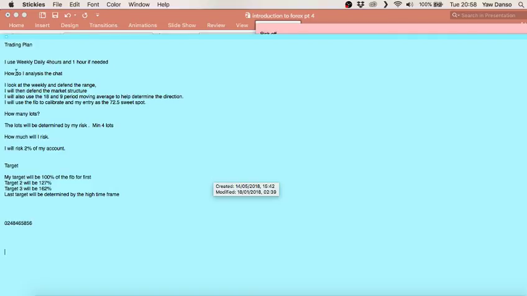So my trading plan, this is simple. We're gonna go through how we're gonna make it. It may sound simple, but it's not for me, because it's hard to follow it. But if you follow it, that's when you're gonna make money in the market. If you don't, then you're gonna lose it.